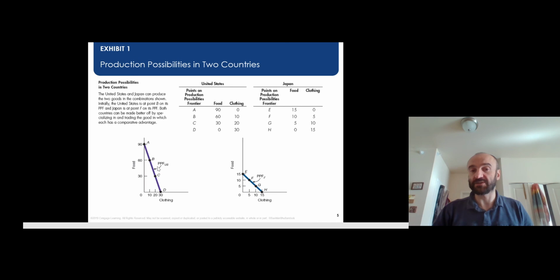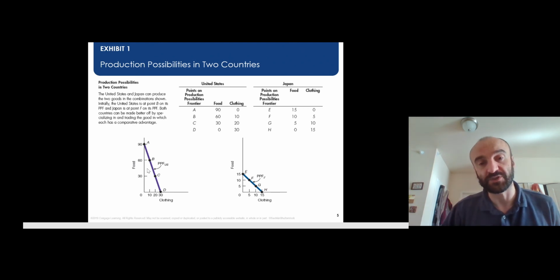Remember that analysis: the combination of goods at your disposal cannot be to the right of the curve, and if it's to the left of the curve, then you are not using your resources efficiently. If you use your resources 100% efficiently, your consumption level is constrained by your production possibilities frontier for both countries.